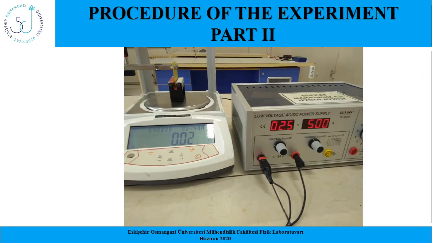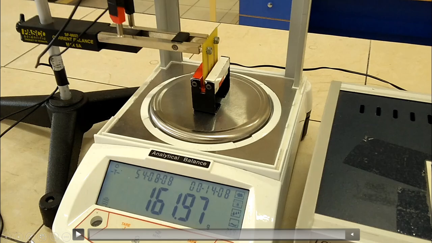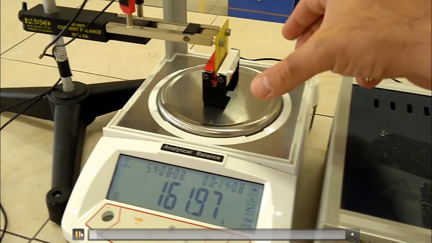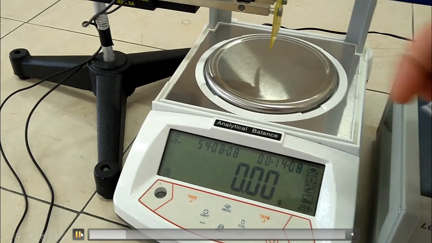Then we can discuss the procedure of the second part of this experiment. In this part, we will change the length of the wire by changing the current circuits. Firstly, we remove the magnet from the scale.